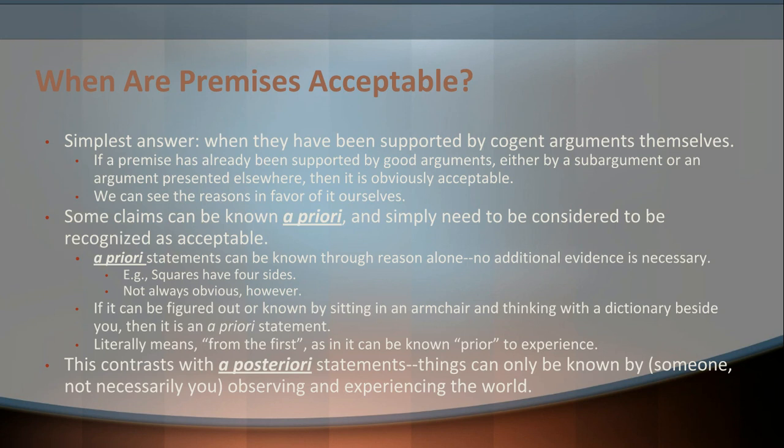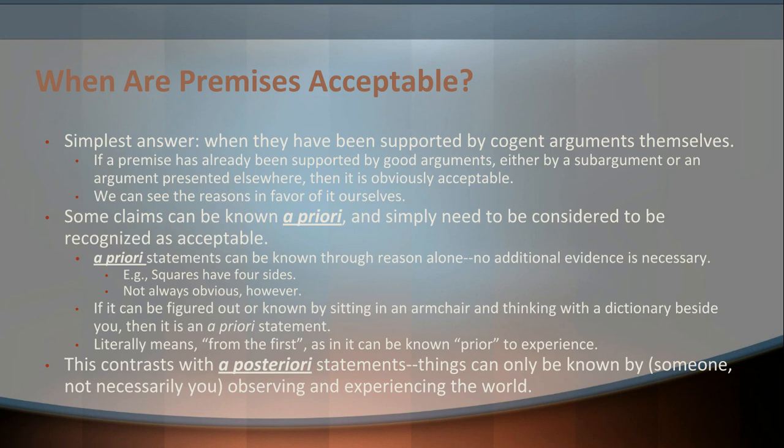A scientist may have looked at it, or maybe it was something that was recognized centuries ago and it's just been recorded ever since. But the point is that we can classify statements using these two ideas, a priori and a posteriori, and a priori ideas are ones that you don't actually have to do any further experimentation or observation to recognize as true.